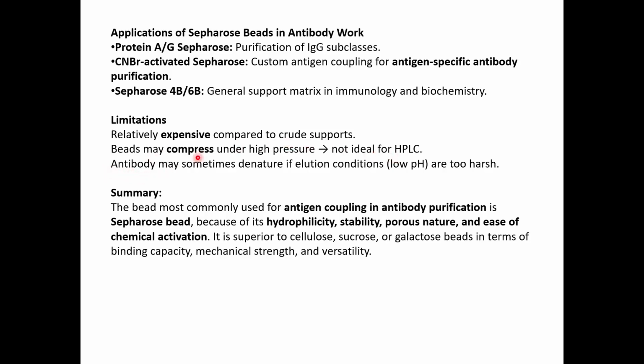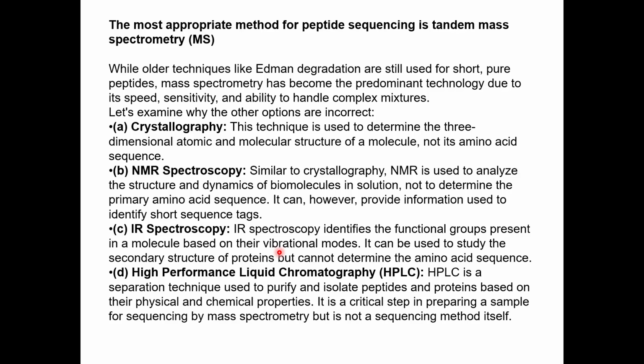And antibody may sometimes denature in elution conditions if they are too harsh. Just to summarize, the bead is most commonly used for antigen coupling in antibody purification because of its hydrophilicity, stability, porous nature, and ease of chemical activation. It is superior to others like cellulose, sucrose, and galactose in terms of binding capacity, mechanical strength, and versatility.